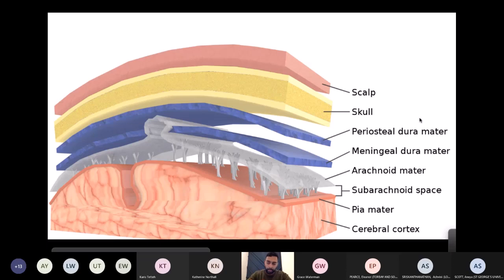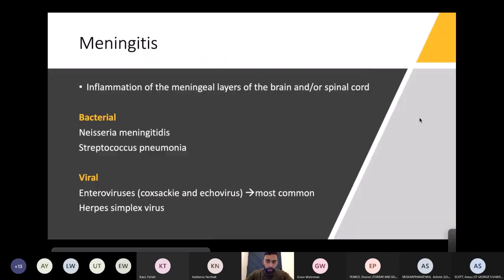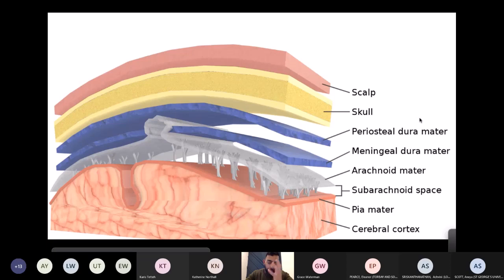Essentially, you need to know your pia mater, then subarachnoid space, arachnoid, dura mater, and your skull. And in case you didn't know, pia, dura, and arachnoid are the meningeal layers, and they run in the brain and down the spinal cord.